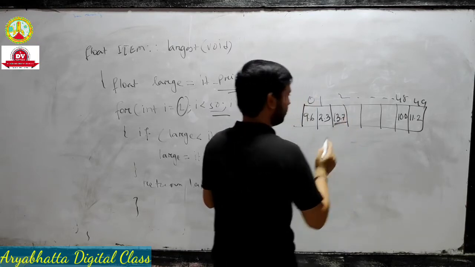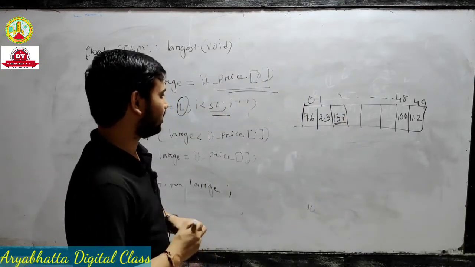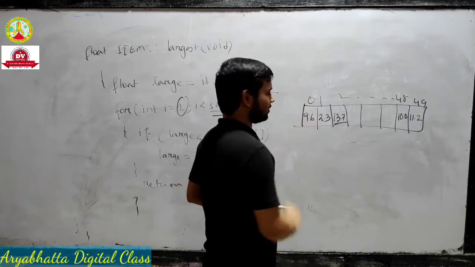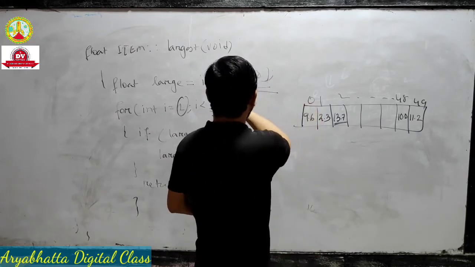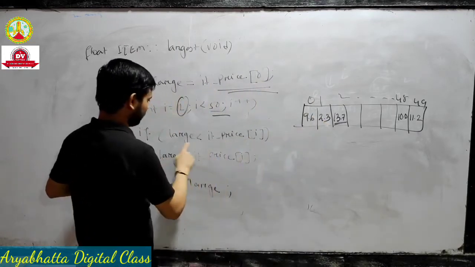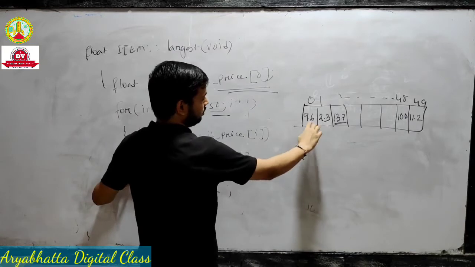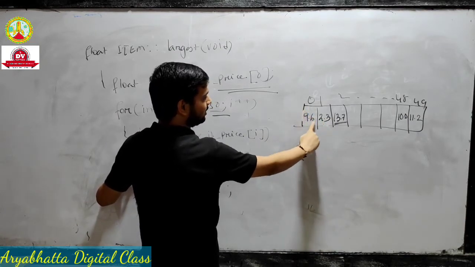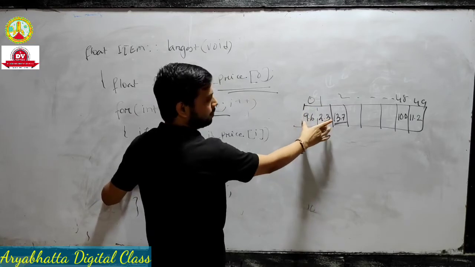Suppose this will be the maximum value, okay. Suppose we take, then in this case the first one we assume is large, okay, for this. Then we have to compare, then this condition will not be satisfied here because this is not less than 2.3, this is greater than this. Then we take this also as large for this comparison.